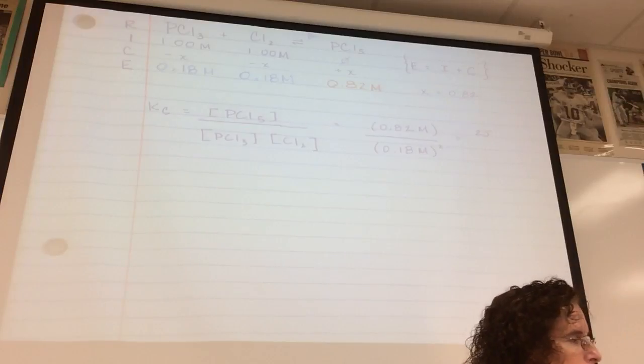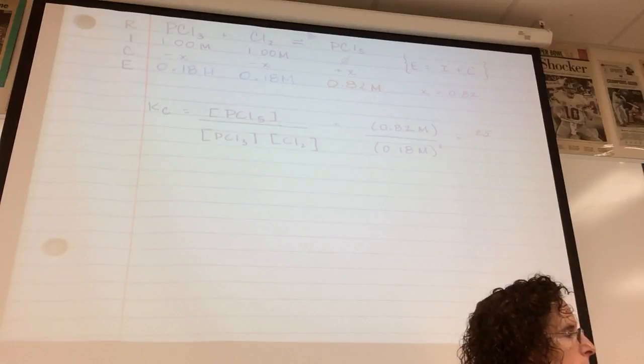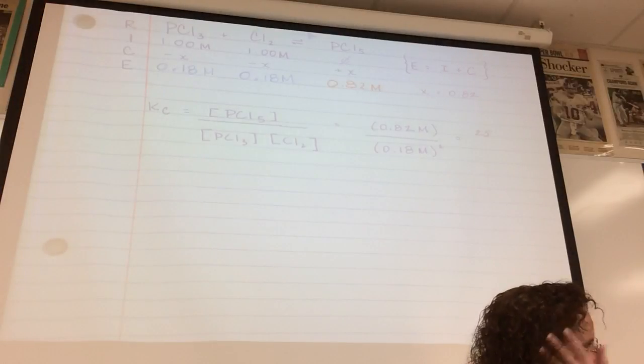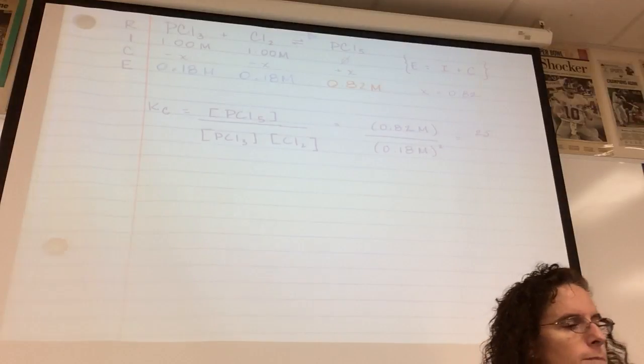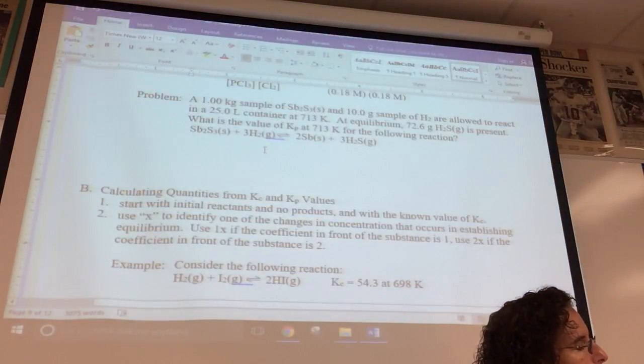The RICE approach. Let's take another one. The next one says a 1 kilogram sample of antimony 3 sulfide and 10 grams of hydrogen gas are allowed to react in a 25-liter container at 713 Kelvin.